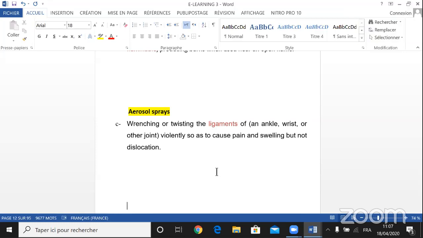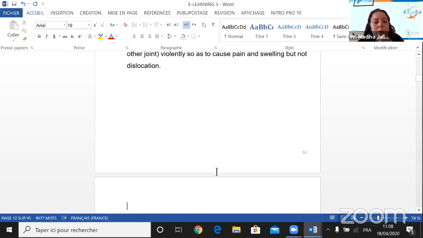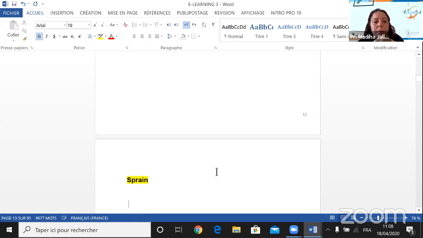The ligament. Yeah, because you have the word ligaments. The sprain affects the ligaments. An ankle or a wrist or any other joint wrenches or twists. So this can overstretch or tear the ligament. So this is the answer, as you see, sprain. It's there below.